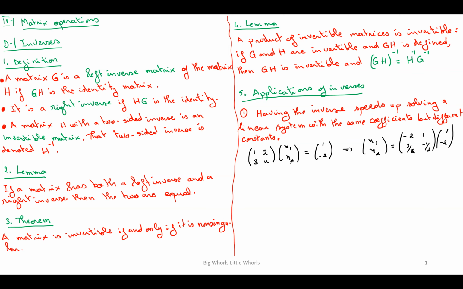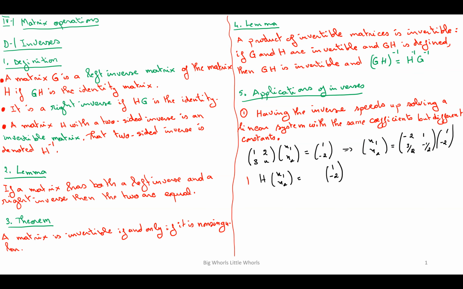I'm sure you know what I have done here, right? Let me explain it to you. Let's call this matrix H, times x1 x2 equals 1 minus 2. To solve that equation, we will assume that H is non-singular, so it is invertible, it has a two-sided inverse.